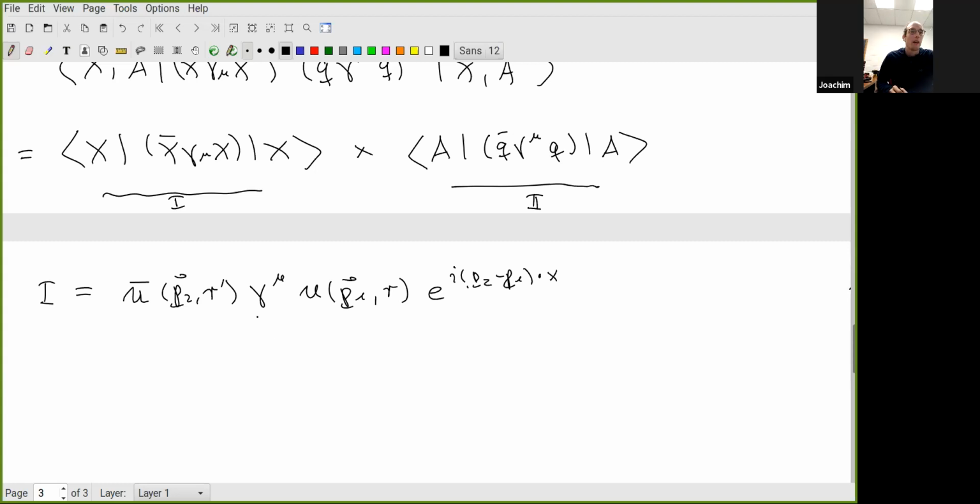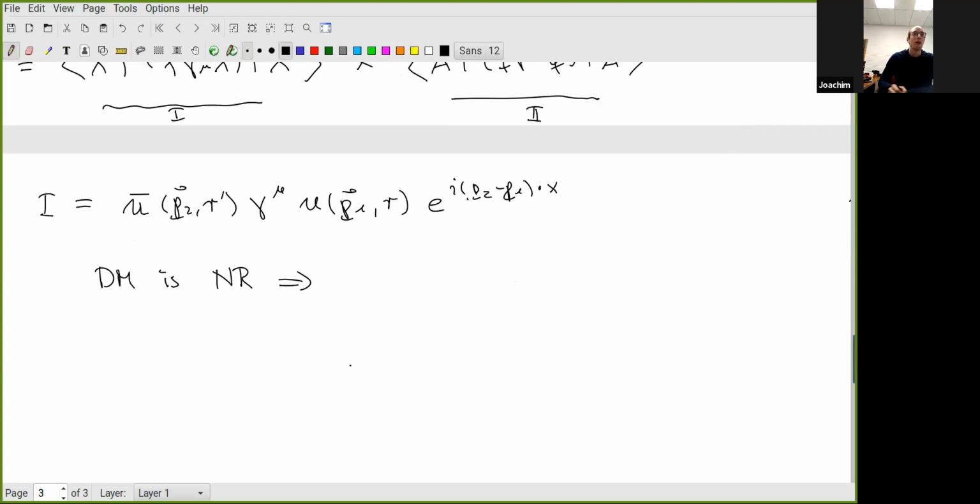Because we know that dark matter is non-relativistic, these u bar and u functions are very simple. We just expand and keep only the leading piece in the momentum, and the leading piece in the momentum in this case is just a constant.